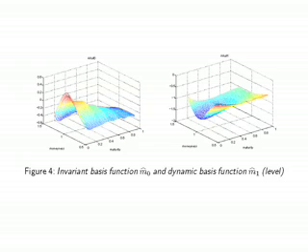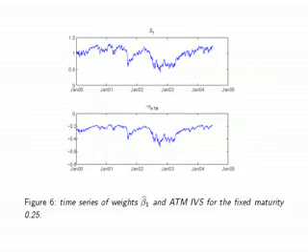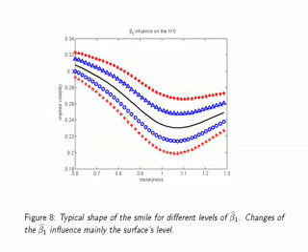These are our functions. This is the m0 function, which is not dynamic, it is time invariant. This is the first dynamic function, second and third, and we also got our time series. But quite important is how these dynamic functions influence the implied volatility surface.